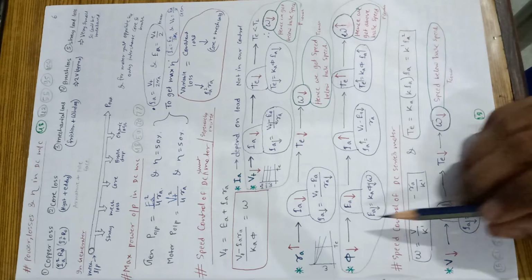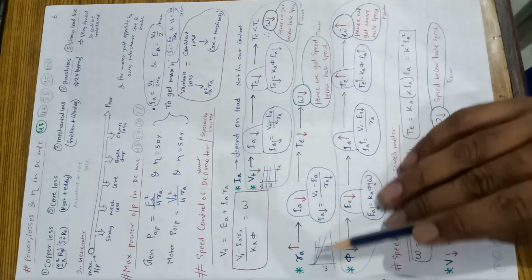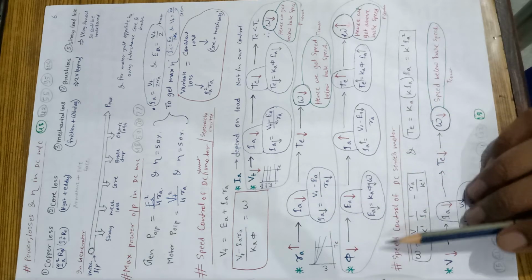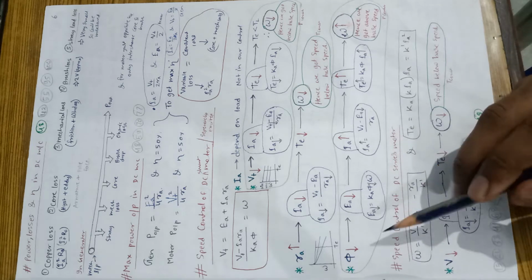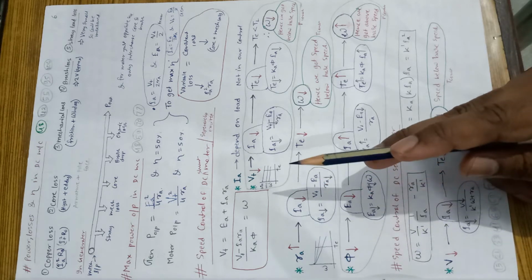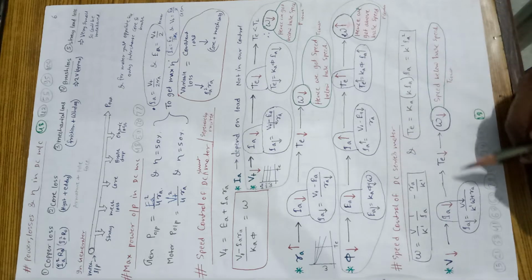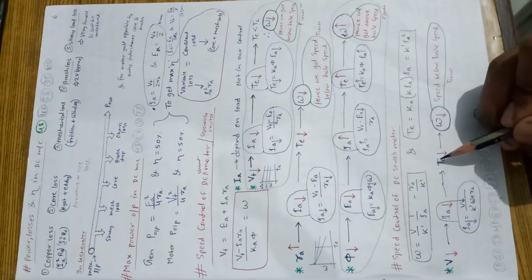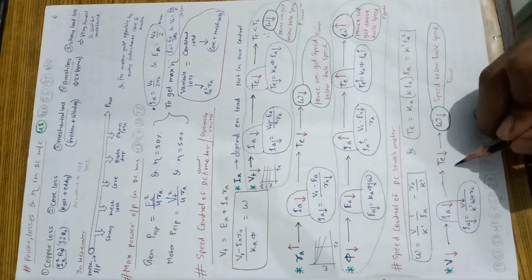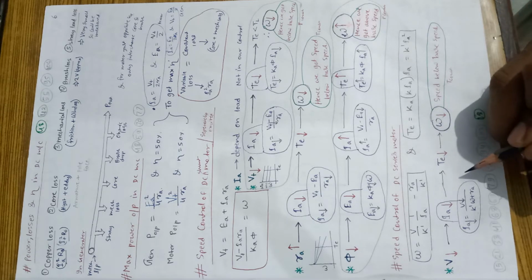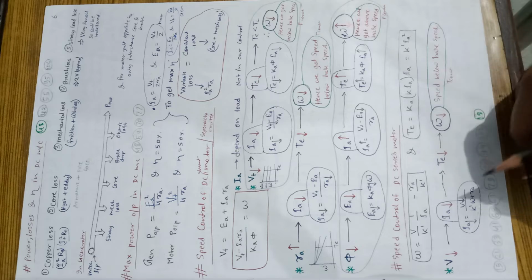Everything remains the same: voltage control and resistance control remain the same, only the difference comes in flux control. For flux control, in case of shunt and separately excited, we directly decrease the IF. But in case of DC series motor, we cannot decrease the IF directly, because in a DC series motor, IF equals IA.